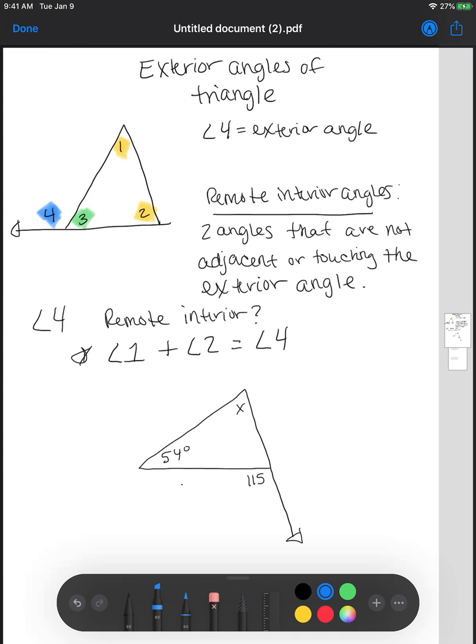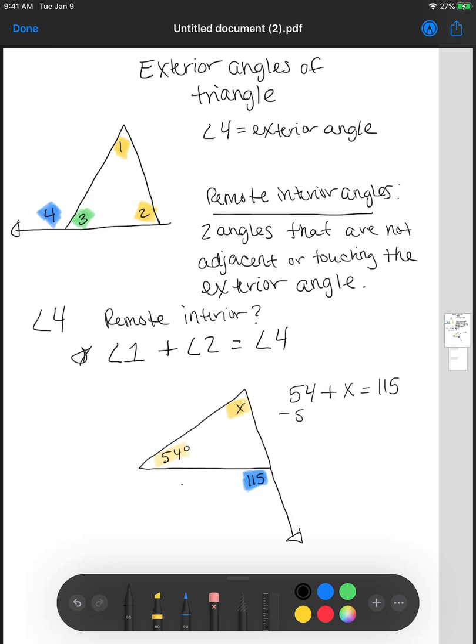My exterior angle is blue. It's 115. My two remote interior angles are 54 and X. My remote interior angles added together will equal my exterior angle in blue. So I got 54 plus X equals 115.